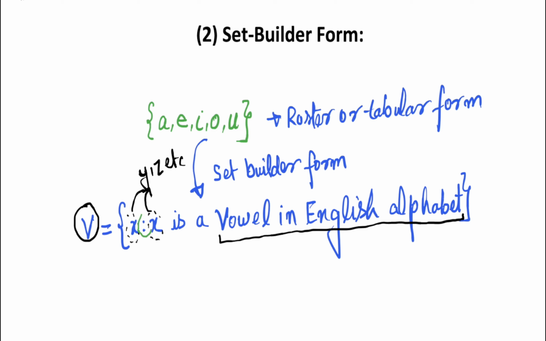Now this colon we can read as "such that". "x is a vowel in the English alphabet", which is underlined, represents the property possessed by the elements of the set.